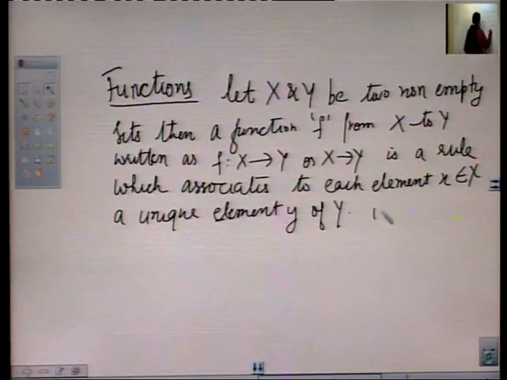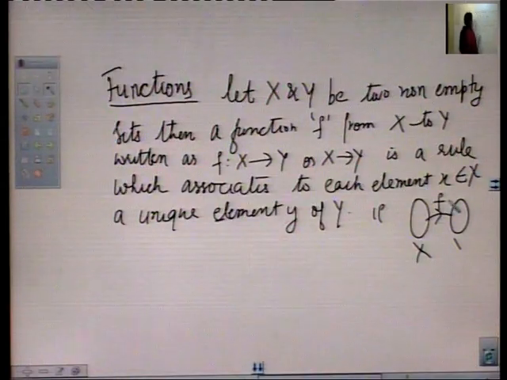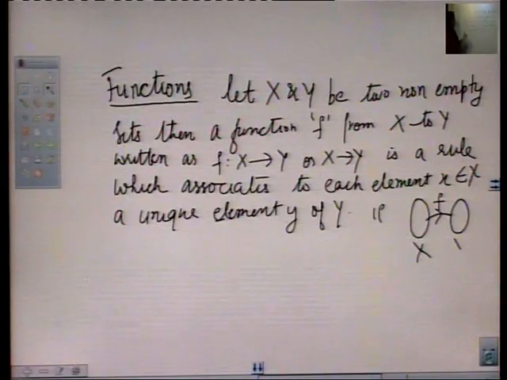That is, if these are two non-empty sets x, y, then function f is a rule which associates each and every element of set x to the elements of set y.